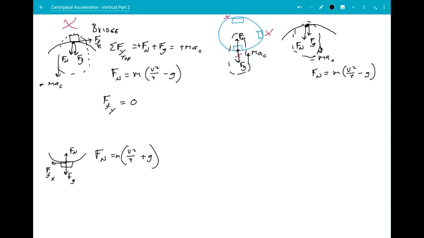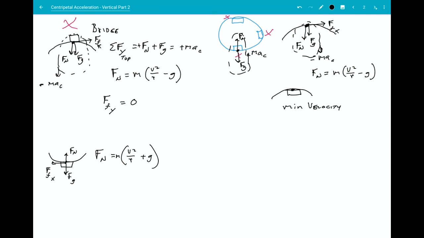But how about friction? Friction is in the x direction, so it doesn't show up. But there has to be a minimal force, let's say at the top. We're not so much worried at the bottom, but at the top, to keep an object going. What is that minimum velocity? So the minimum velocity for the top, how do you determine that?